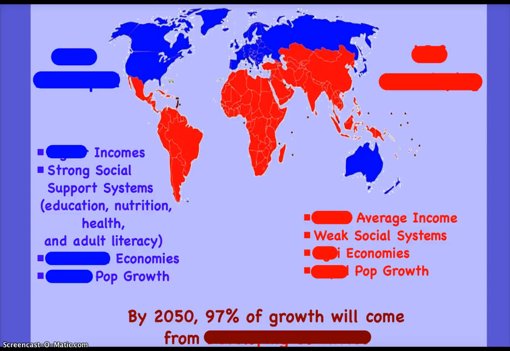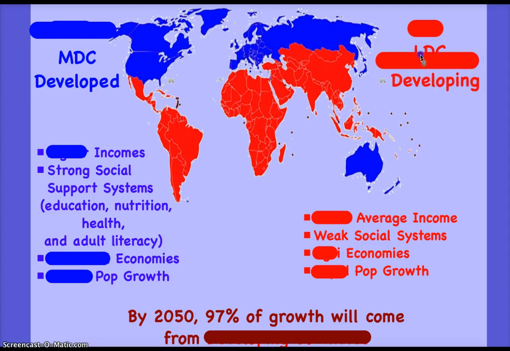So let's talk about something that can affect these graphs. If I show you this map, what are you referencing? It's a vocab word we've already covered. Developed countries, or what we call more developed countries, right? And then in the red, you've got the less developed countries, or what they reference as developing countries. With that, you're going to look at specific things. What's obvious is that economy is a huge portion.